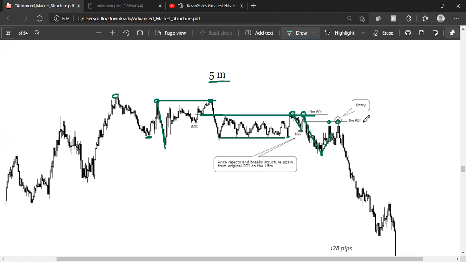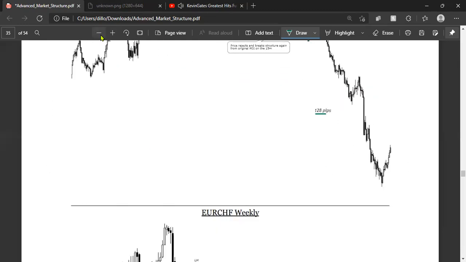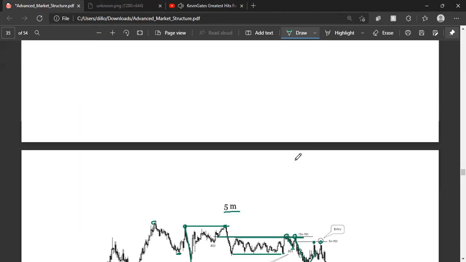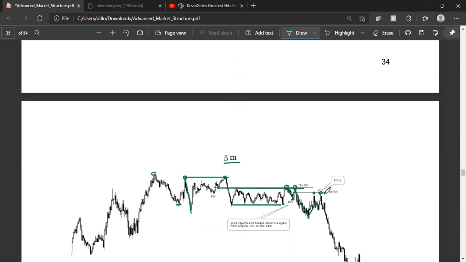So we have our entries now on the 5-minute with barely any drawdown and 128 pips of profit on that trade setup. Our entries were probably right here.